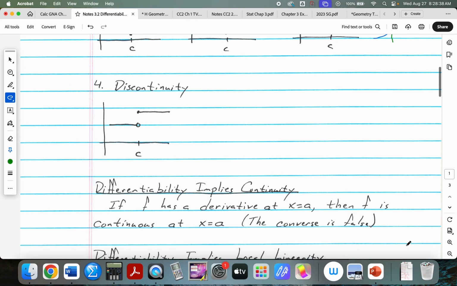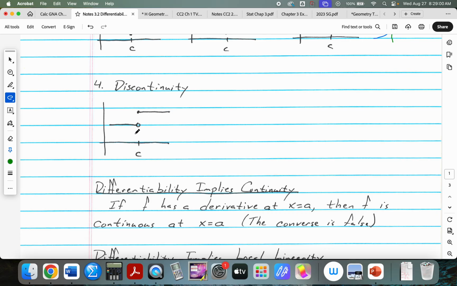And then discontinuities. This particular one, I'm showing a jump discontinuity, but we'll look at the other ones real quick in just a second. But the problem here is that as we approach x equals c from the right, all the slopes are 0.